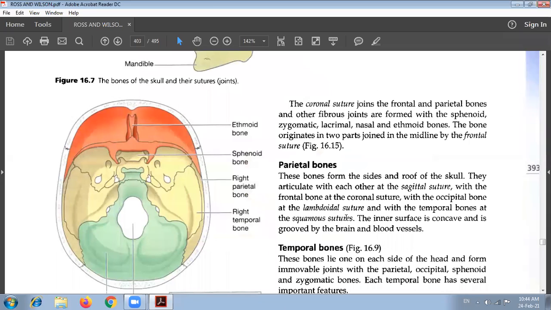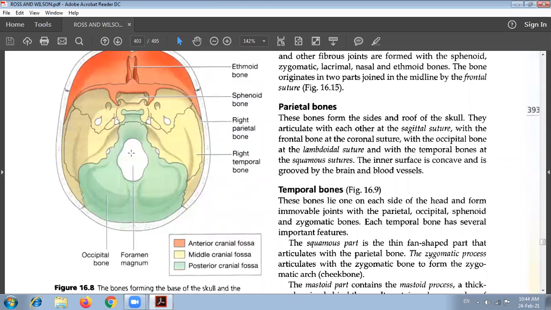The inner surface is concave and is grooved by the brain and blood vessels. Here you can see the ethmoid bone and the sphenoid bone present inside our skull. The inner structure has the foramen magnum, through which the spinal cord is passing, continuing into the vertebral column.